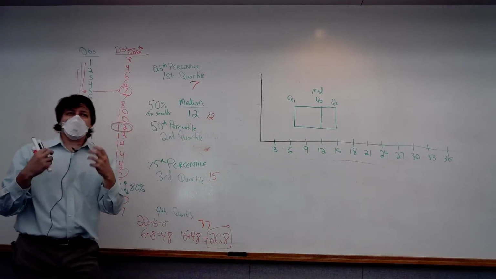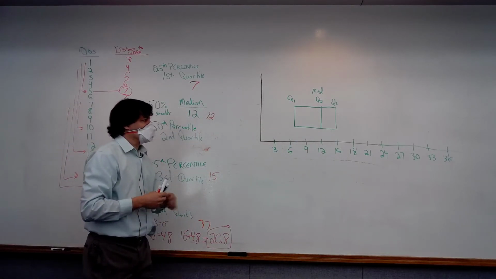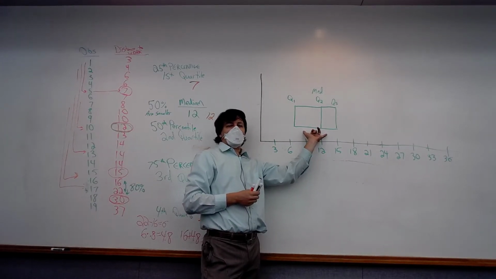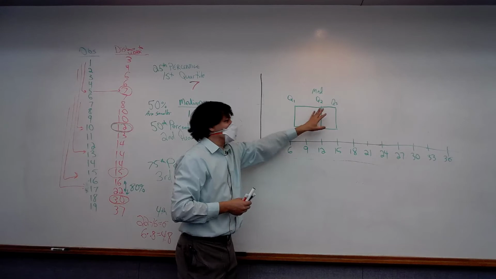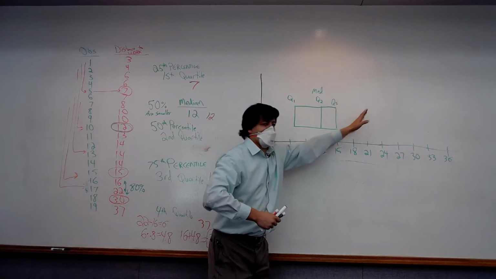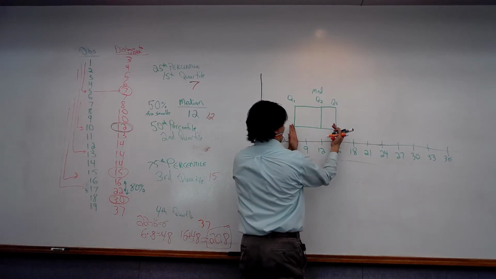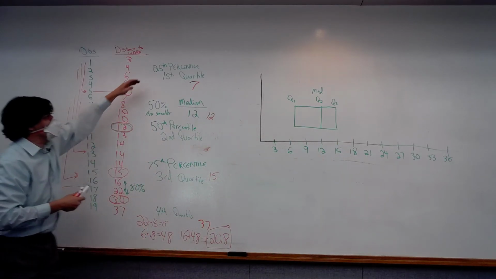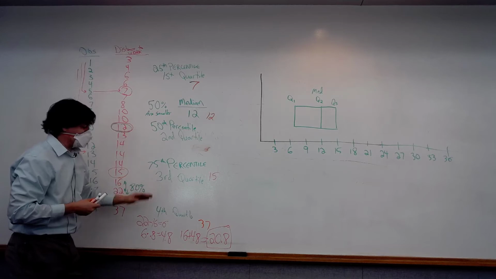Visually, it also tells me, here's the middle 50% of my data, right? So the median means 50% is less than, 50% is greater than. But within the first and third quartile, there's 50% as well, right? This is 25% is smaller and 25% is greater.